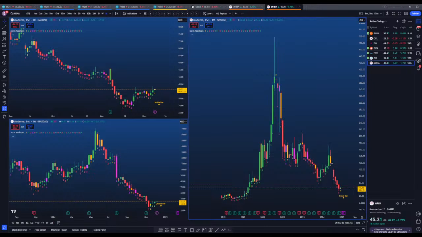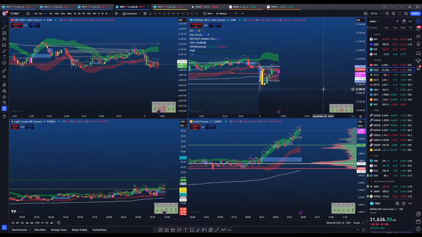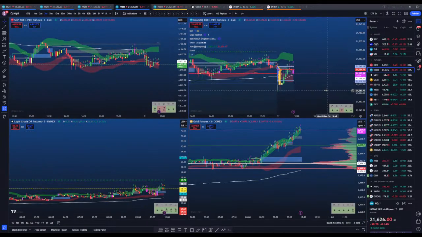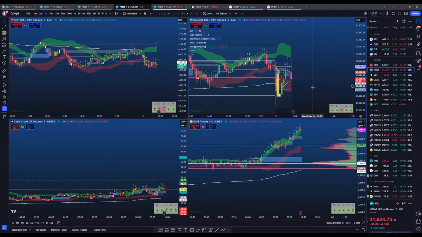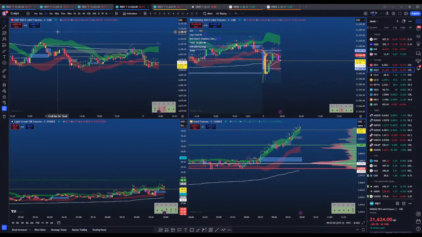Check across. CCL looks good. DVN looks good. GM, BABA, FCX all do not look good, but we will see what happens with those. Looks like we are going back through our range on NQ.